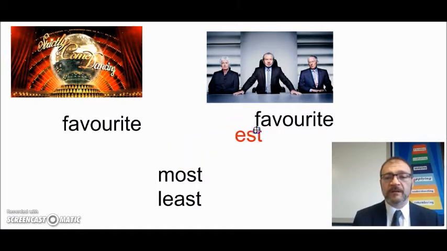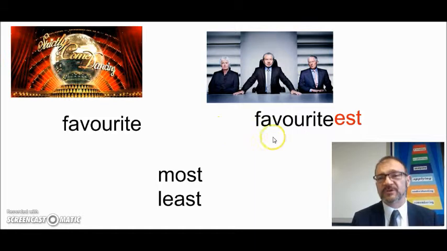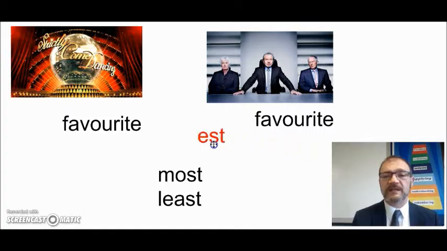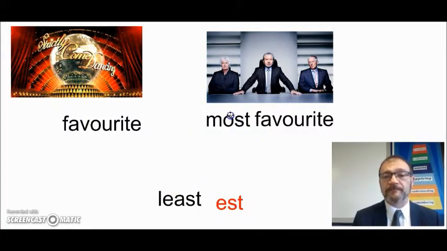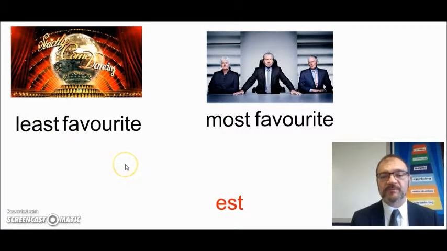Now, would you ever do that? If I said that I preferred this program to this program, could I say that it was my favoritist? You couldn't. You can't put the est ending on there. What you'd do is you would say, for me, this is my most favourite television program, whereas this is my least favourite television program.